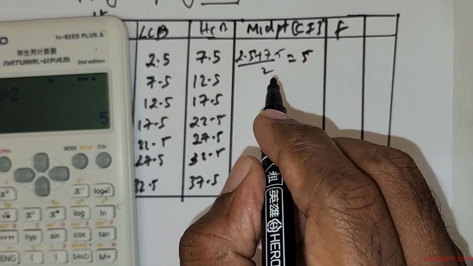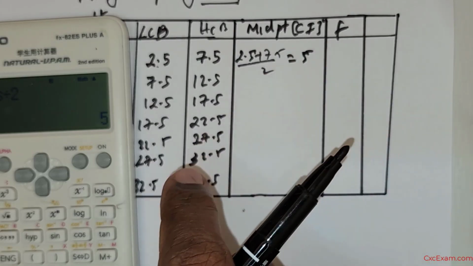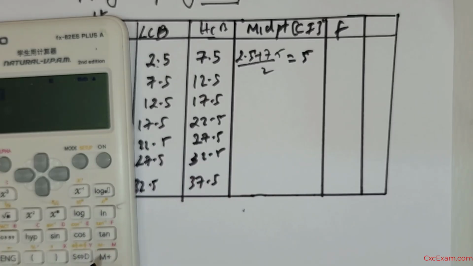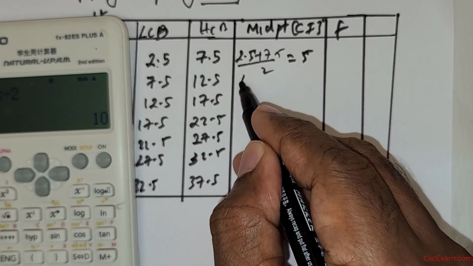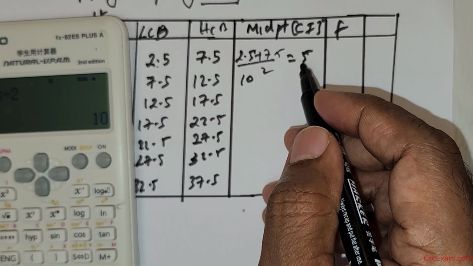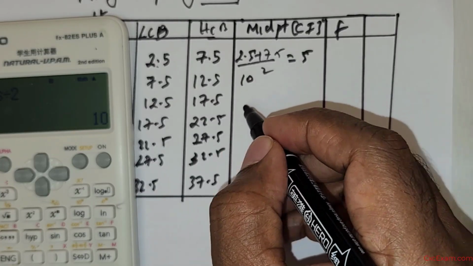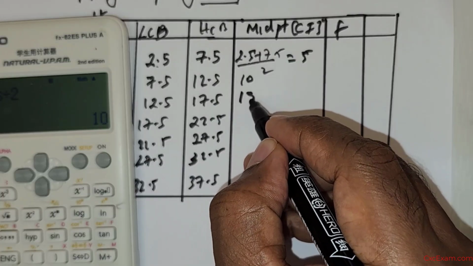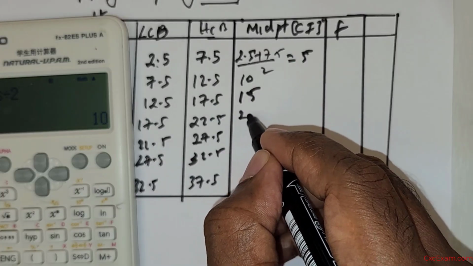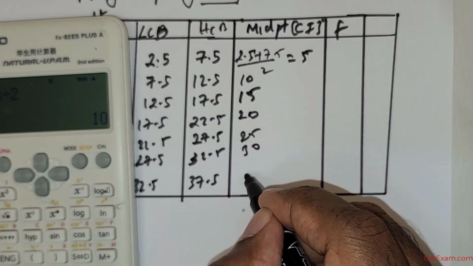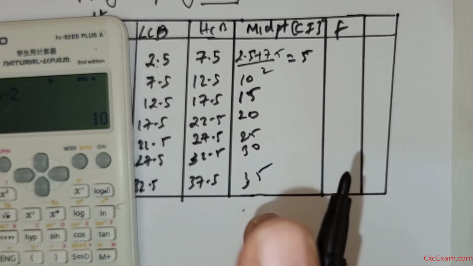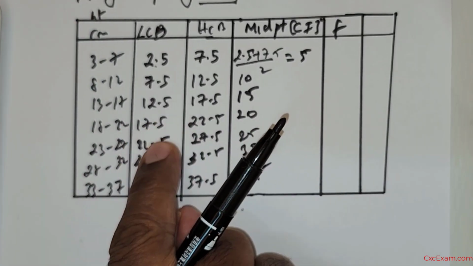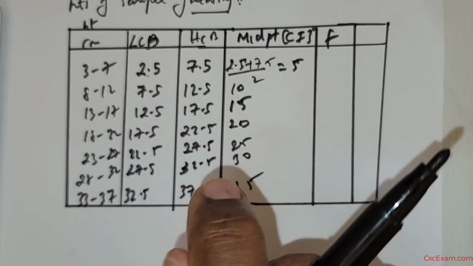Now the next one is 7.5 plus 12.5 divided by 2. So this is 10. Now clearly, once you get the second value, you can fill the other values. So this is going to be 15, 20, 25, 30 and 35. That completes the midpoint.